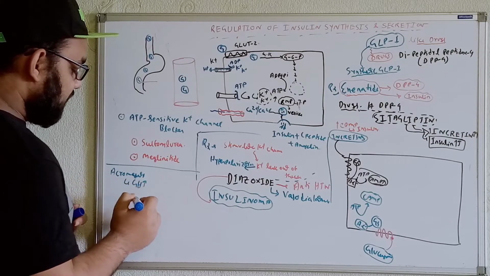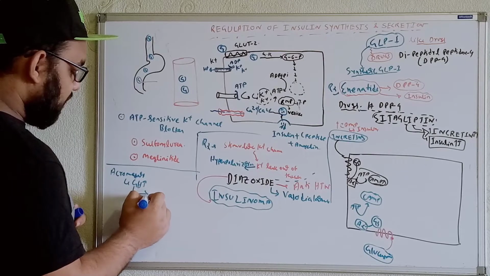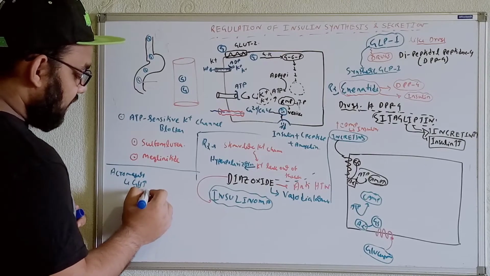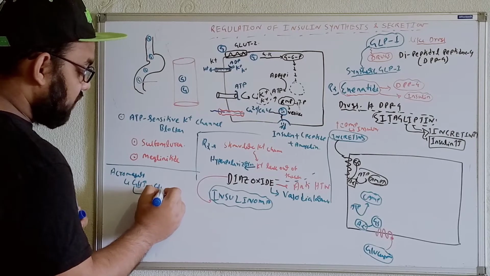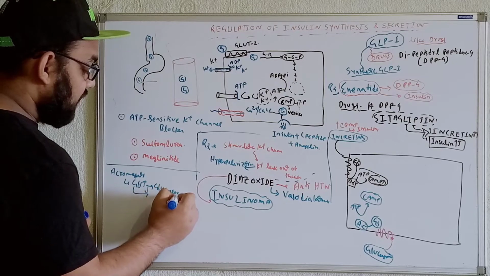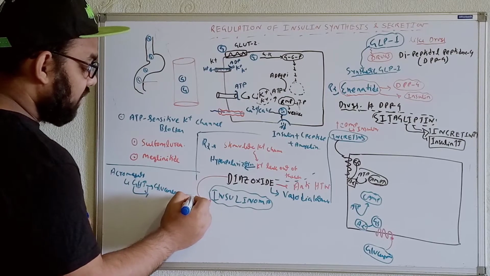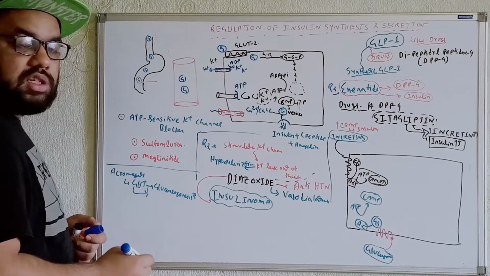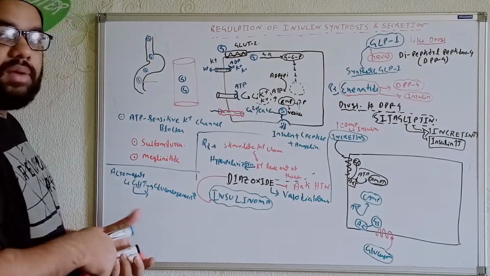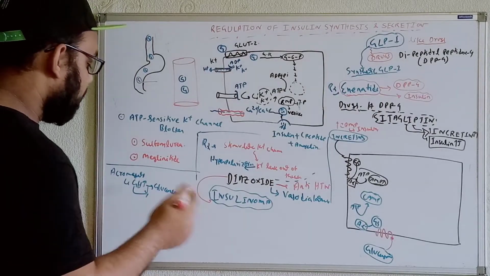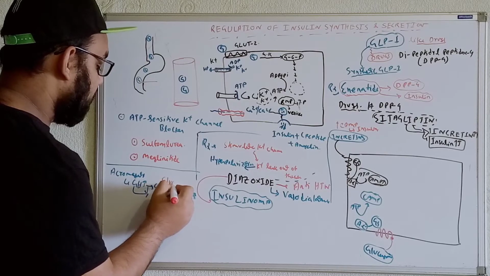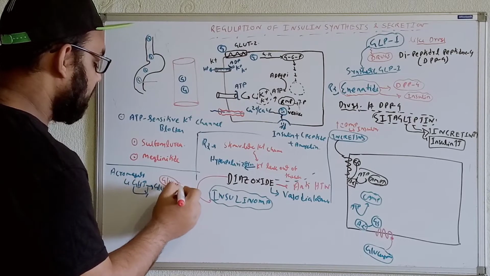Whenever we see more production of growth hormone, it increases the gluconeogenesis process. So this growth hormone increases gluconeogenesis, and as a result the glucose level in the blood will be elevated, right?